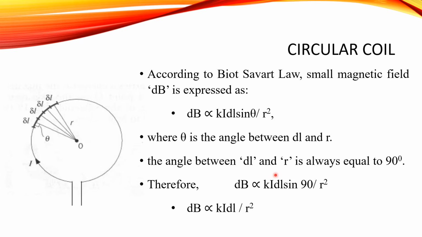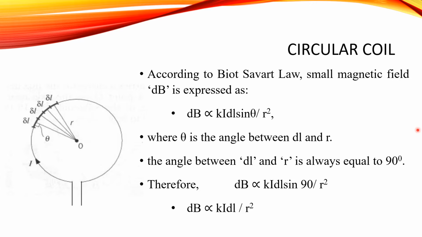The angle between dl and r is always 90 degrees, so we substitute theta as 90, and sin 90 is 1. So the equation becomes dB is directly proportional to K I dl by r square.